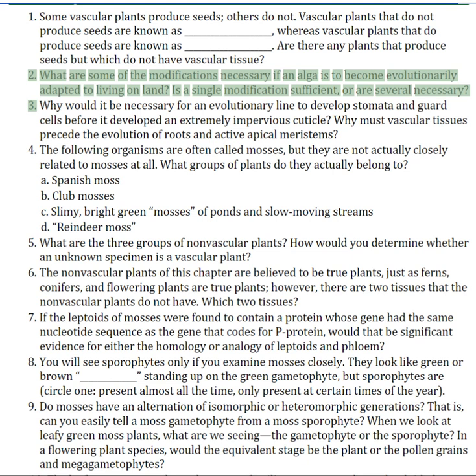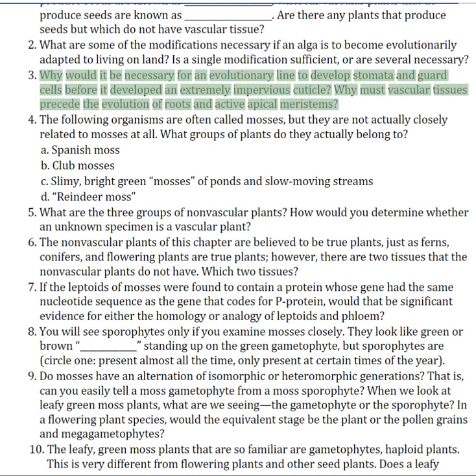Is a single modification sufficient, or are several necessary? 3. Why would it be necessary for an evolutionary line to develop stomata and guard cells before it developed an extremely impervious cuticle? Why must vascular tissues precede the evolution of roots and active apical meristems?